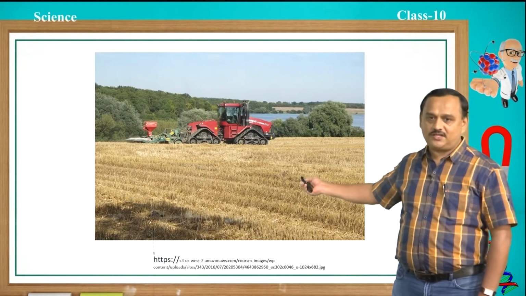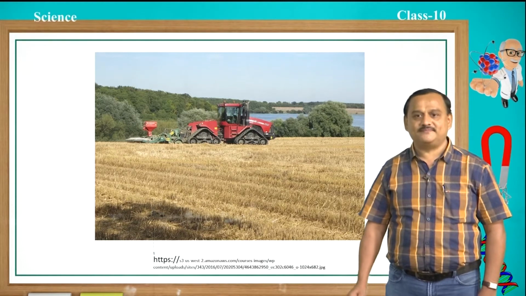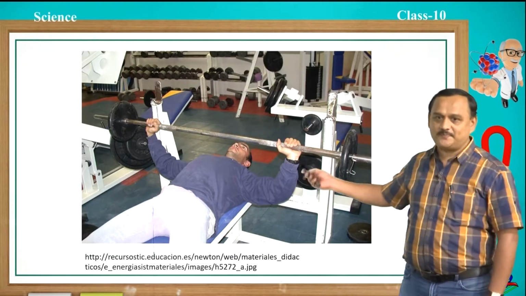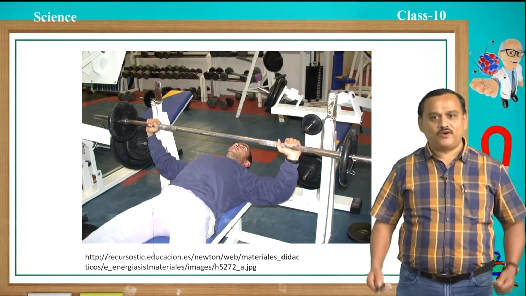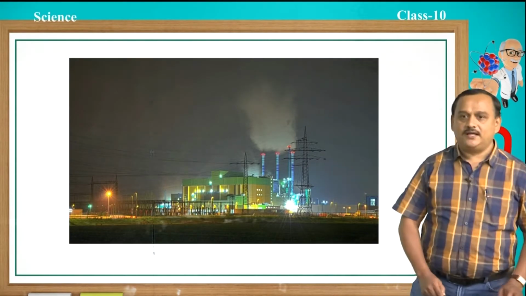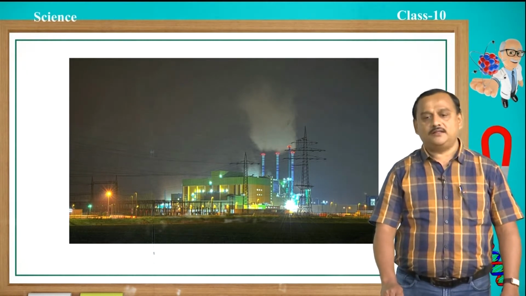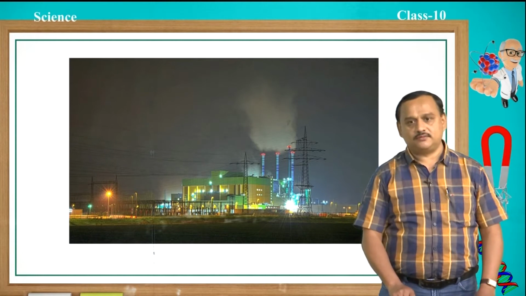And here, a machine is working in an agriculture field. Oh, look at this picture, a man is working out in a gym. Look at this picture, a picture of an industry. Industry is at work and there are lots of lights glowing.